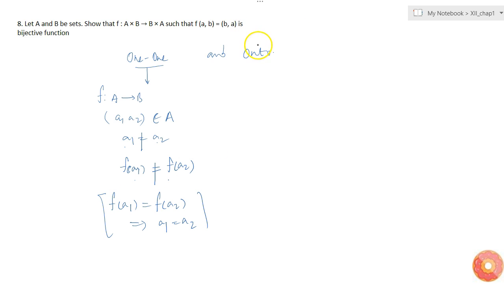And next let's understand what an onto function is. Let's say f maps from A to B. Then every element in B, which is the range set, must have a pre-image in A. That means it must have at least one element whose function value is that particular element.